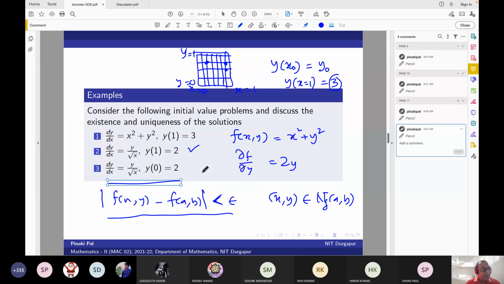Analytical solutions are available only for very few differential equations, and most of the differential equations which appear in real problems are not analytically solvable. If you twist the function a little bit, even if this one is solvable, if you just change the power of y a little bit, say make it y to the power 2 by 3, then it might not be solvable.